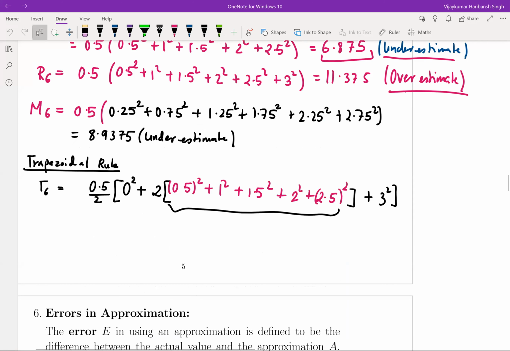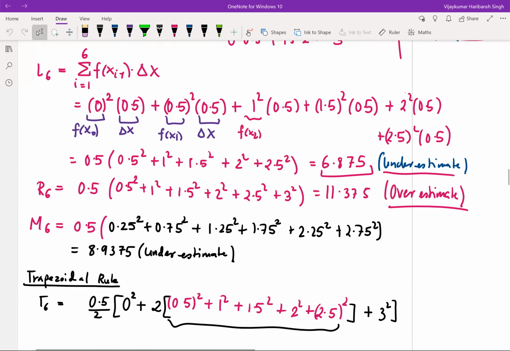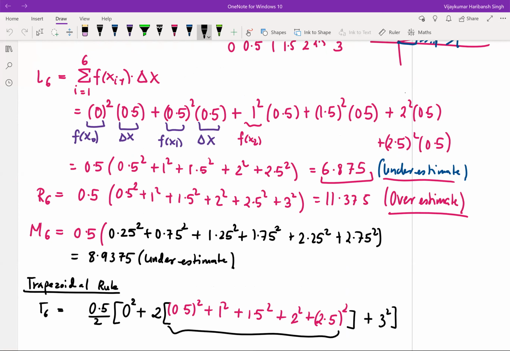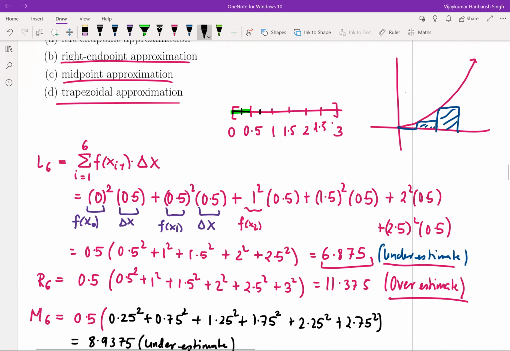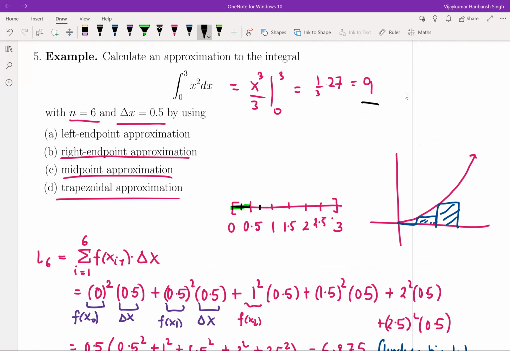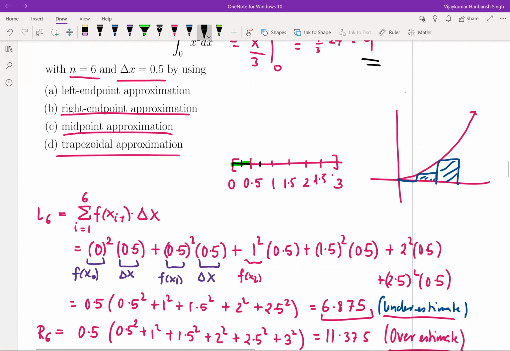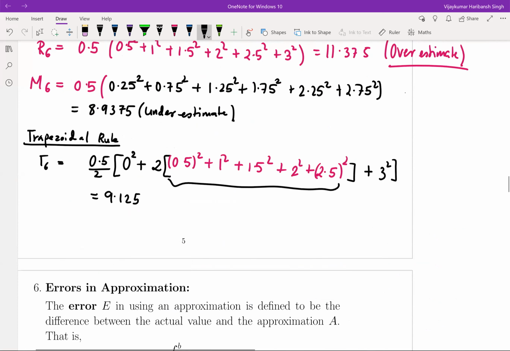Now you saw that in each of these cases, you get an error. Some errors are better than others in the sense that this turned out to be 9.125, which was closest to the actual value, which is 9. Note that again it depends on the function.